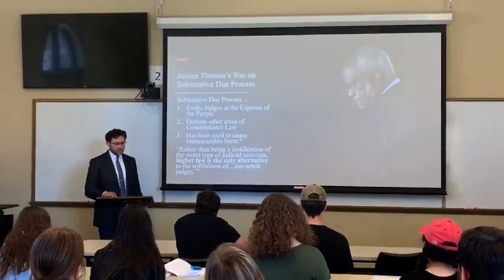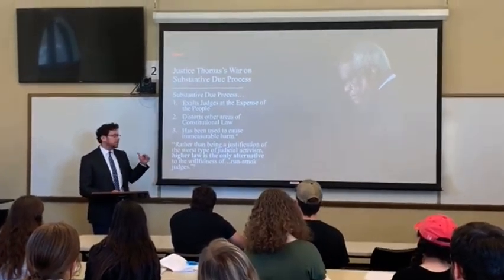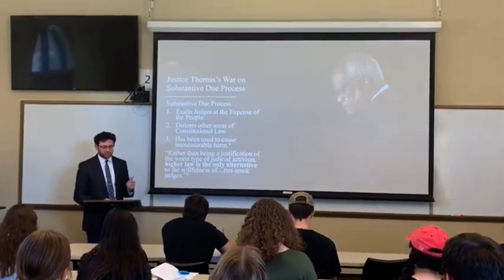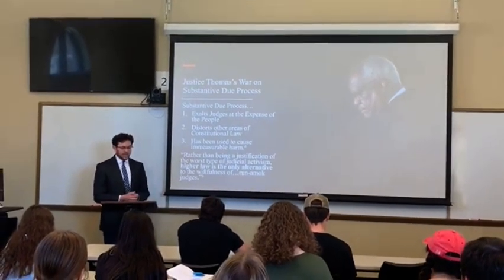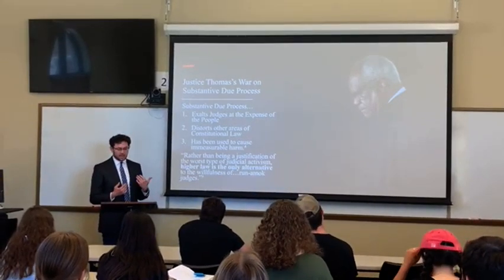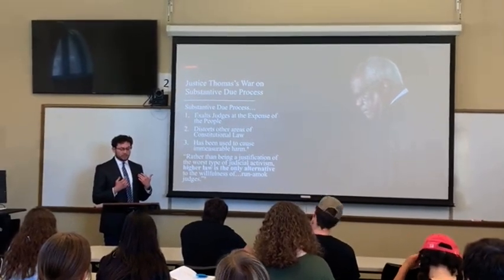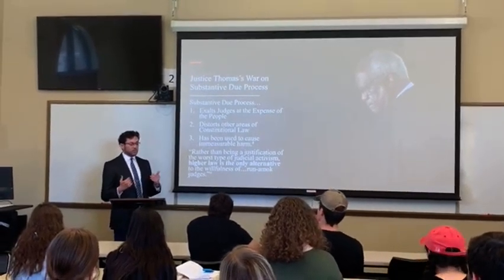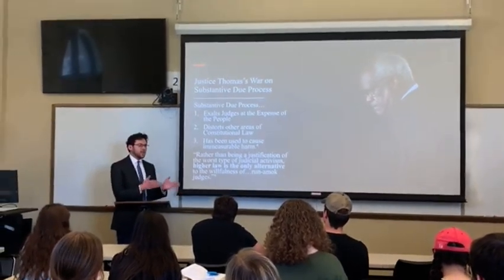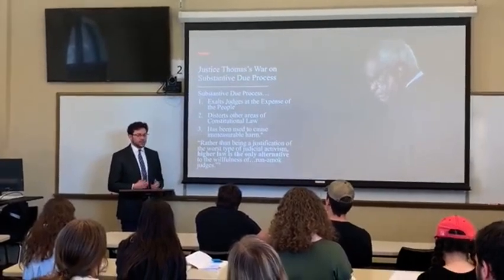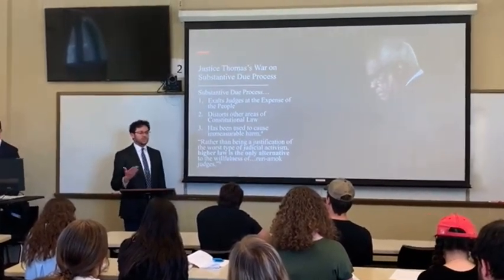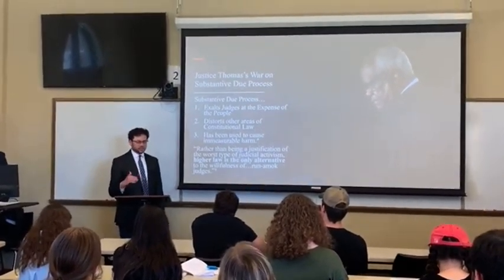So we think that justices are able to act like policymakers with substantive due process, and Justice Thomas agrees. And he actually points out that an unenumerated rights theory focused on the natural rights theory of the founding fathers is actually the way that we go about doing this, despite the fact that a lot of people think that Justice Thomas is just like this strict textualist.